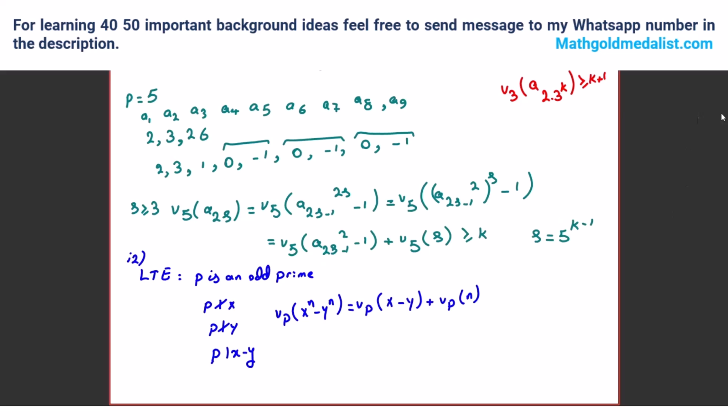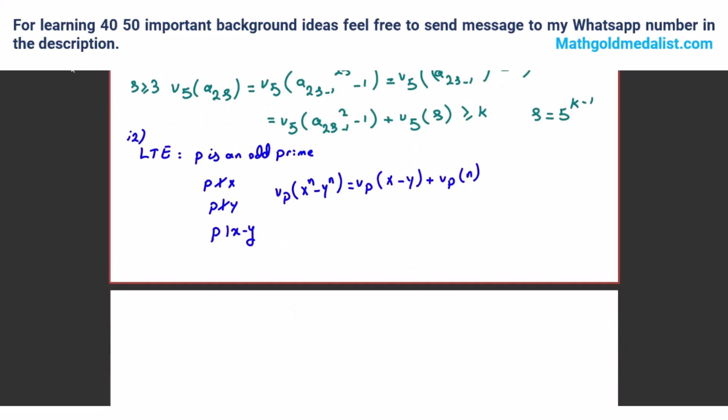Let's check one more prime, 7, and then we will generalize it, okay?